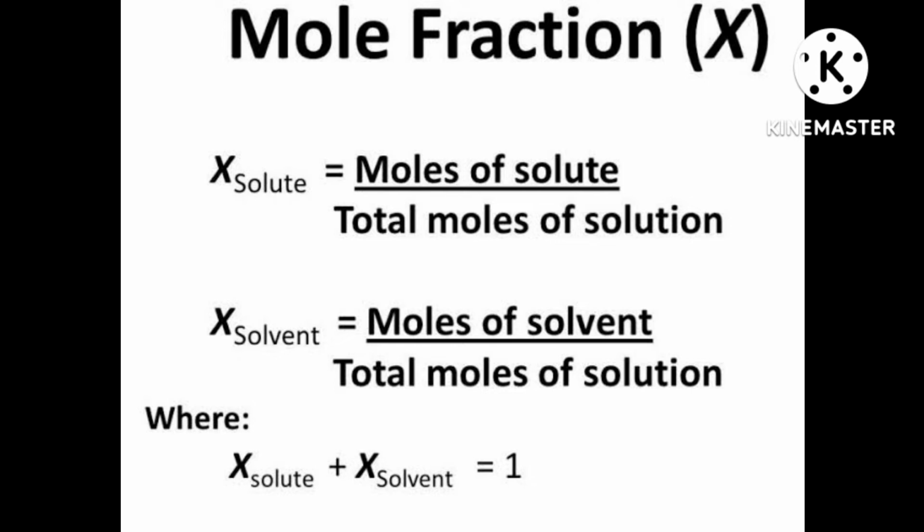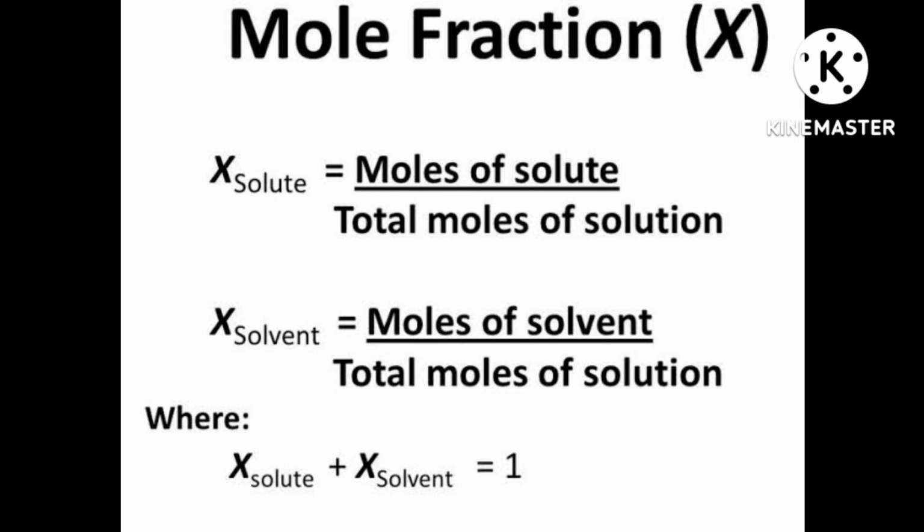Actually, A and B you have mixed. Then na and nb tell the number of moles of A and of B. Mole fraction of A is equal to the number of moles of A divided by the total number of moles, that is, number of moles of solution.